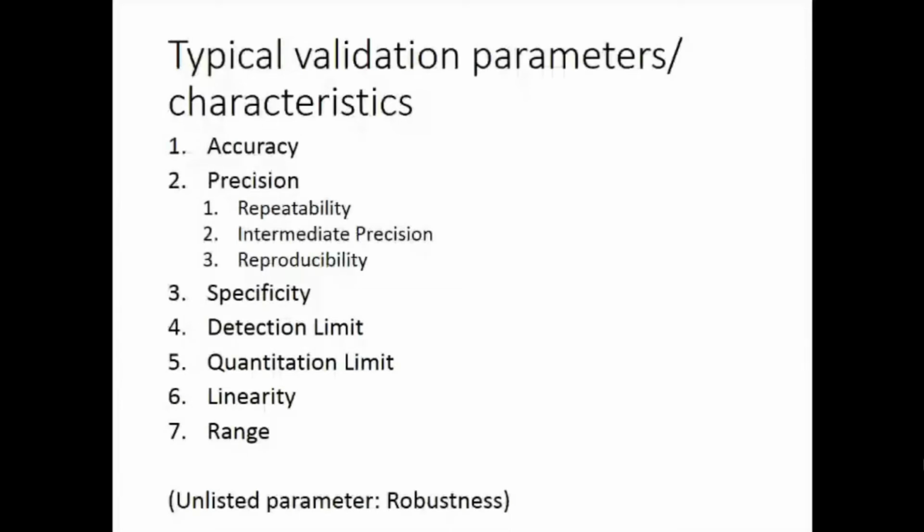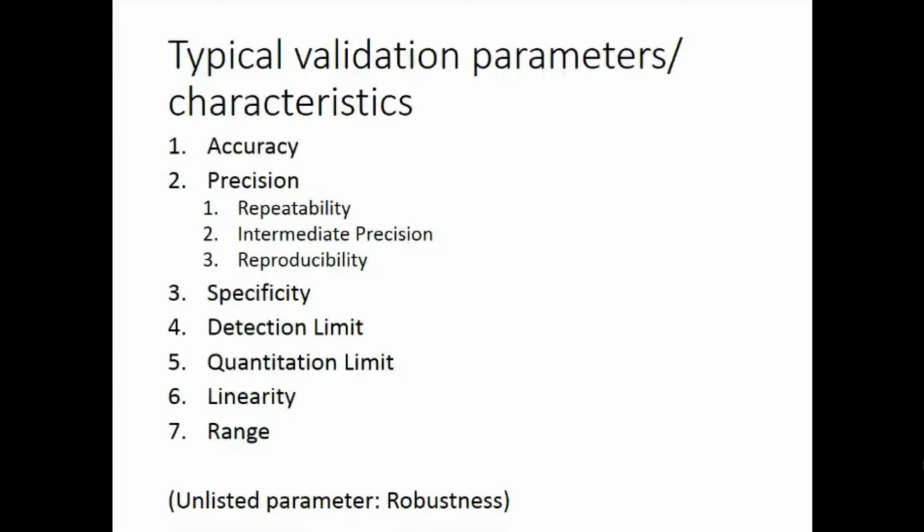So you will answer that there are 7 listed validation parameters and 1 unlisted validation parameter. The 7 listed parameters are accuracy, precision, specificity, detection limit, quantitation limit, linearity, range. The unlisted parameter is robustness.